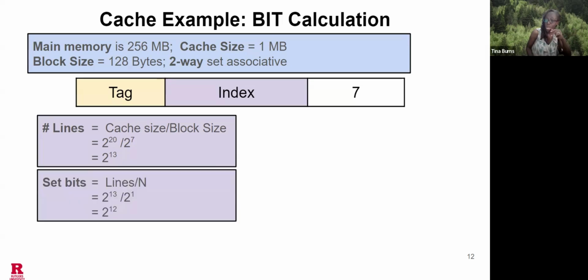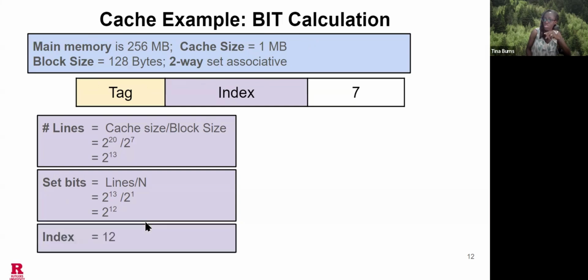So I can get my number of bits for the set by dividing that by 2, or another way to say that is you're going to divide that by 2 to the power of 1, meaning that now I only need 12 bits to represent my number of sets, right? So based on the information we had here, we were able to determine the number of bits we needed for the set. And this all goes into our index. Our index then is going to be 12.